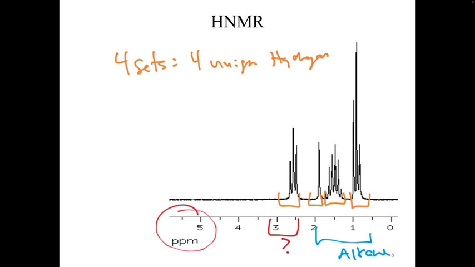But the less than 2, I know those are connected to carbons. There are 3 peaks within that set. 3 peaks equals 2 neighboring hydrogens, which could mean for that green signal, number 1, I have a hydrogen, and that hydrogen likely sees 2 hydrogens as neighbors.